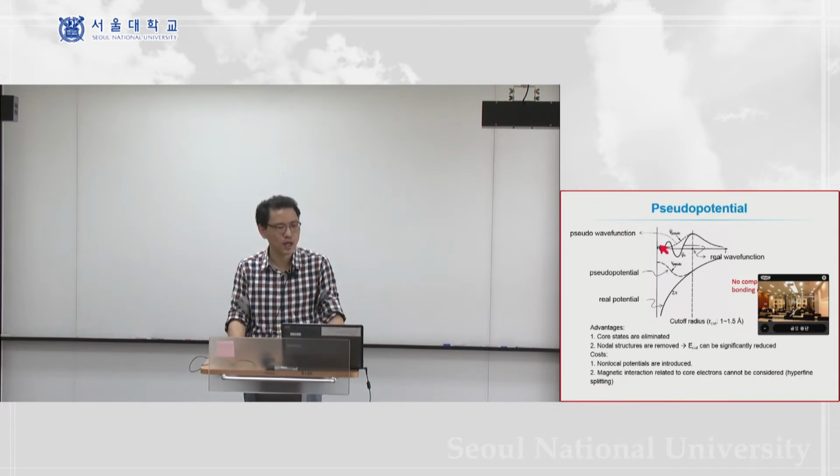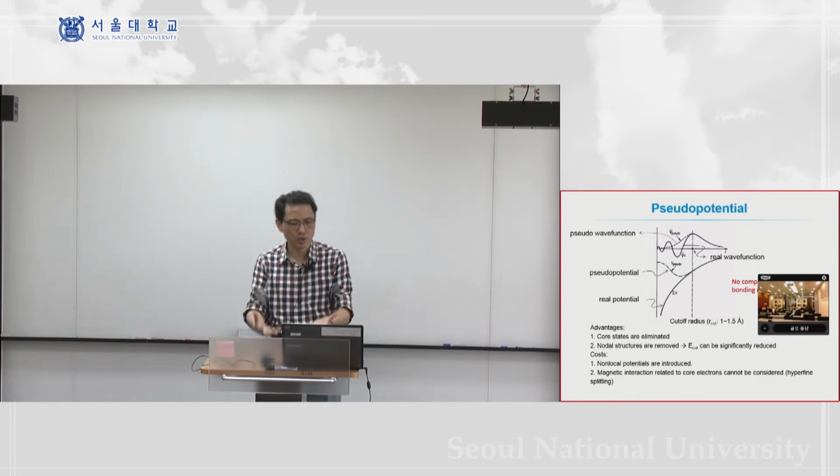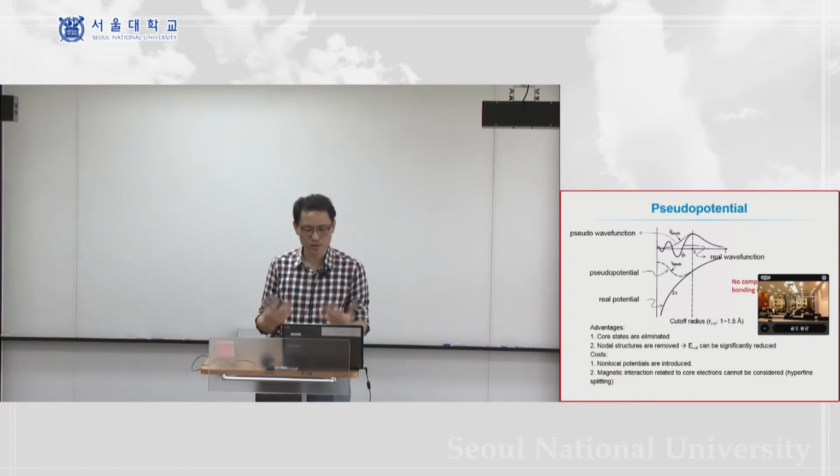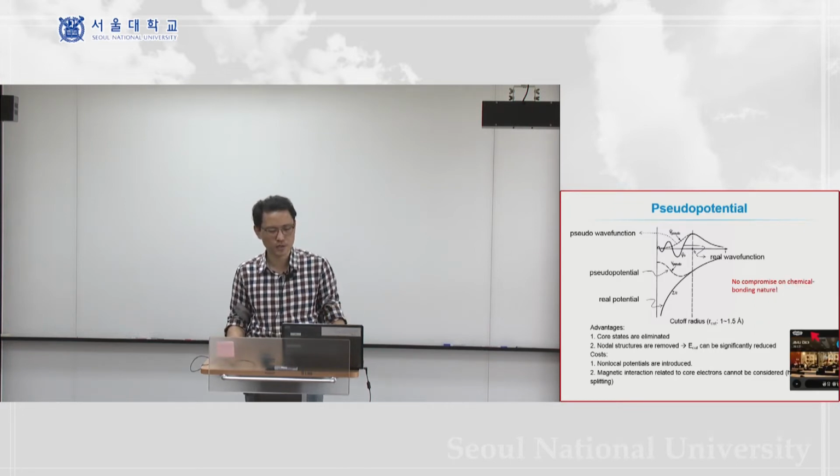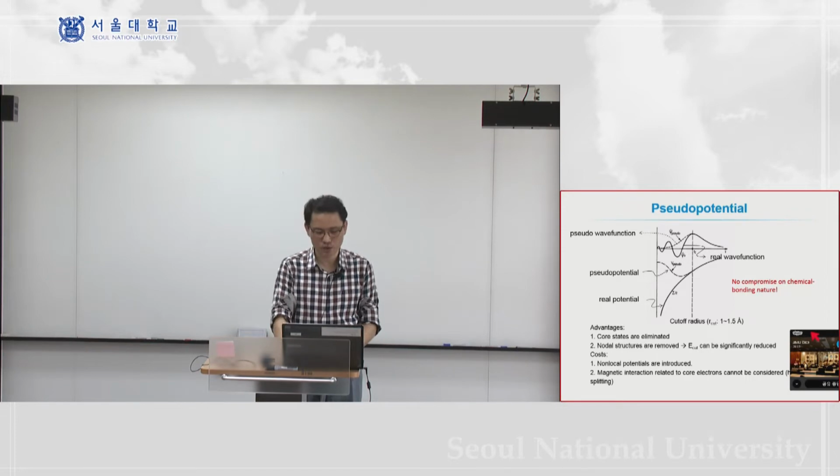But since you have the pseudized wave function at the core, the pseudopotential is not so accurate when you are interested in very sensitive magnetic interactions, for example hyperfine splitting. But in most cases when we are interested in material properties, this approximation is very economical, and you do not compromise on chemical accuracy.